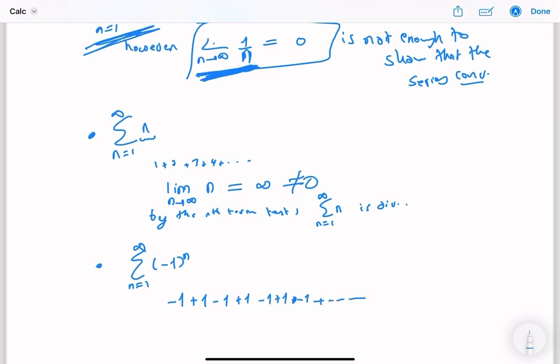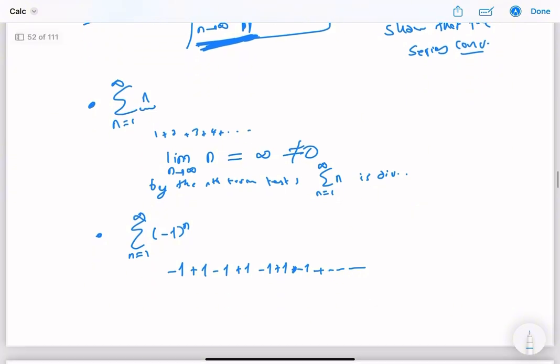We can already prove that this series is divergent using the definition of convergence and divergence, by considering the partial sum.